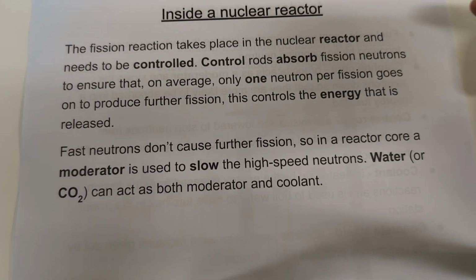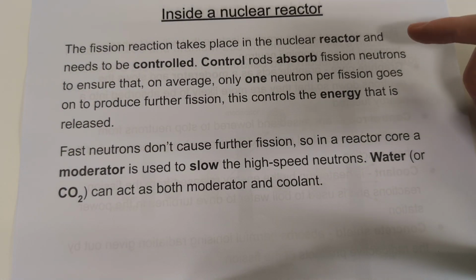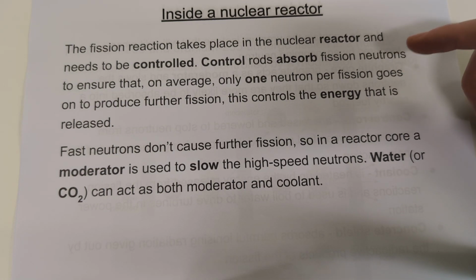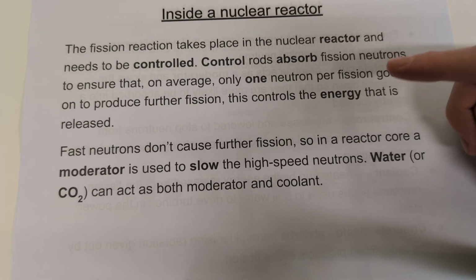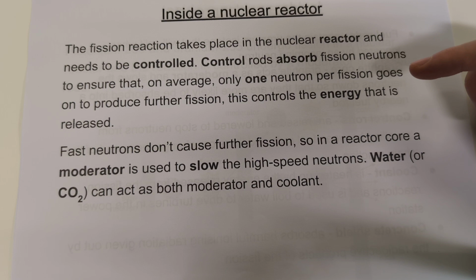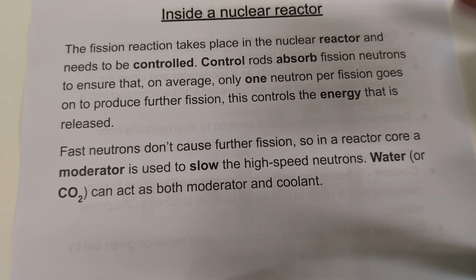The fission reaction takes place in a nuclear reactor, and it needs to be controlled. The control rods absorb the fission neutrons to ensure that, on average, only 1 neutron per fission goes on to produce further fission, which controls the energy. Essentially, this is a way in which we have the same amount of energy produced over time.